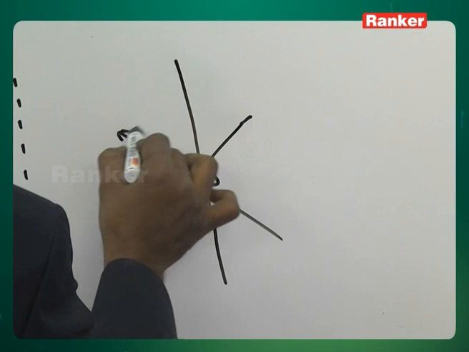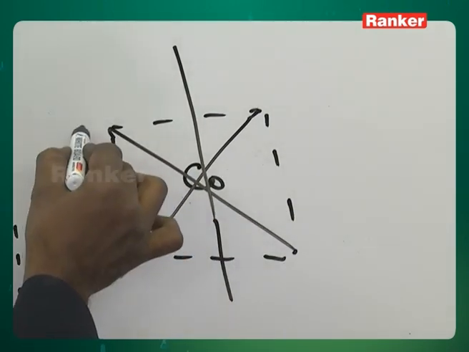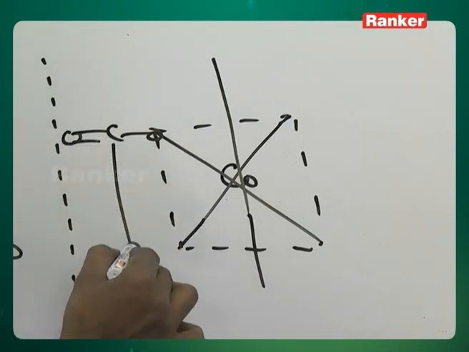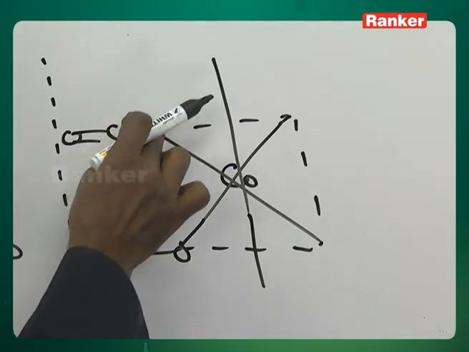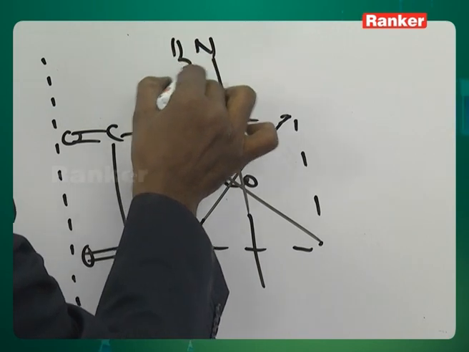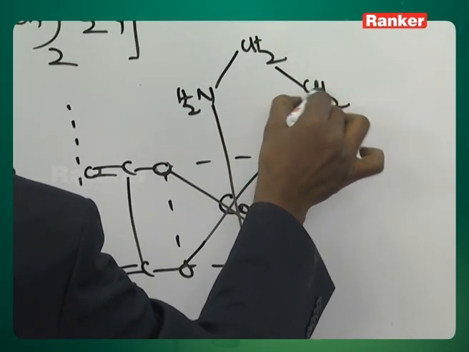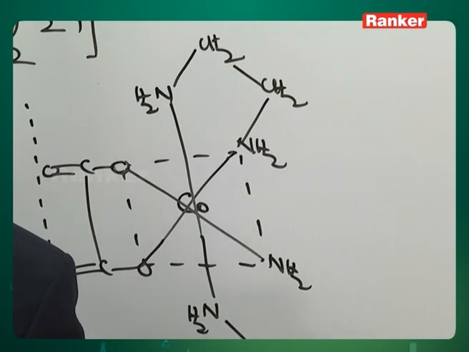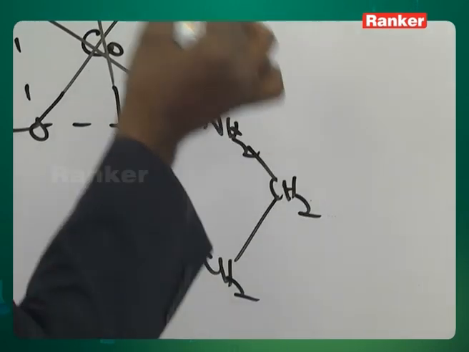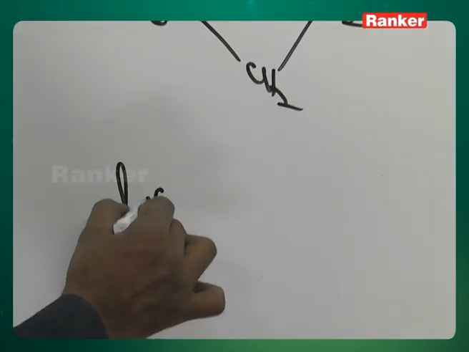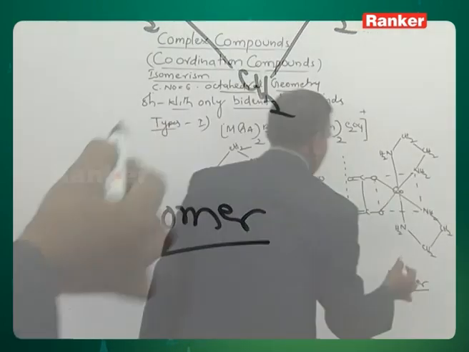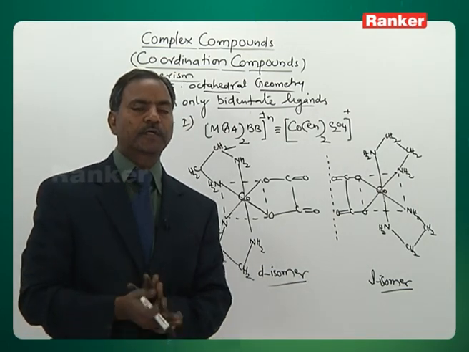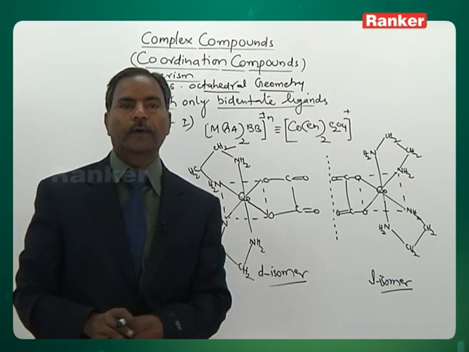One is D, the other is L isomer. All are identical bidentates and two different bidentates. So all these complexes are found to be optically active.